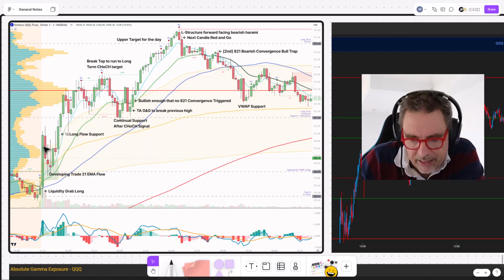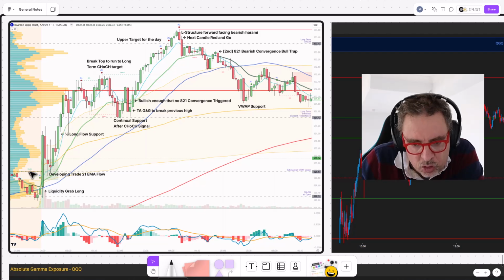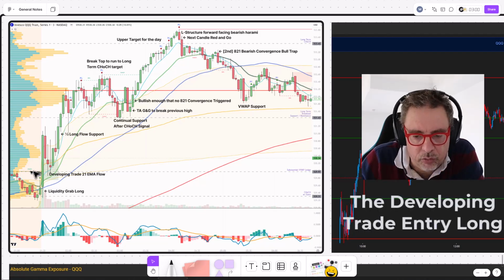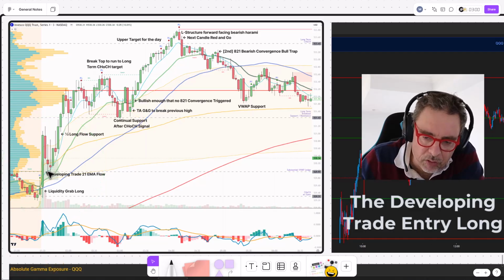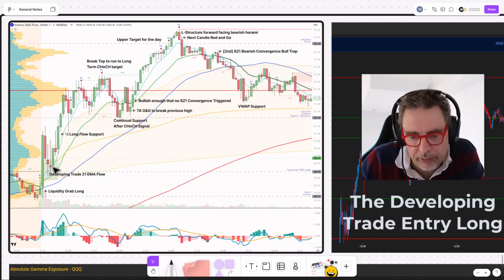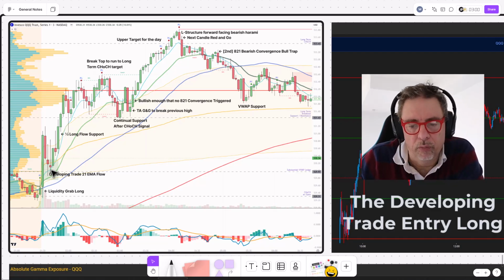But if you didn't take that candle, a good place to go in here will be around about this change of character that you see here. It'll come back, and then there will be a developing trade. It's what I call the developing trade, and volume starts to come in on the 21 EMA flow.